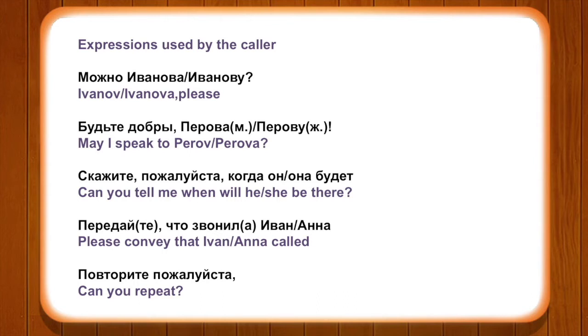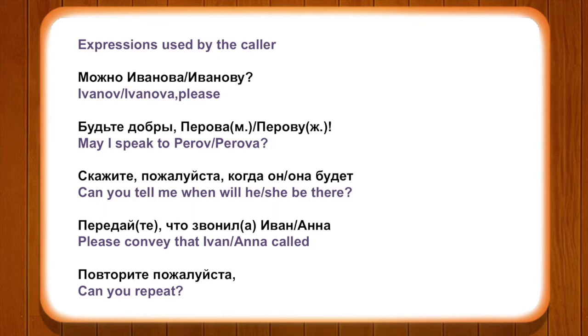Будьте добры, Перова. Будьте добры, Перову. This is for a male, Perov, family name, and Perova, feminine family name. Which means, may I speak to Perov? May I speak to Perova? Скажите, пожалуйста, когда он или она будет?